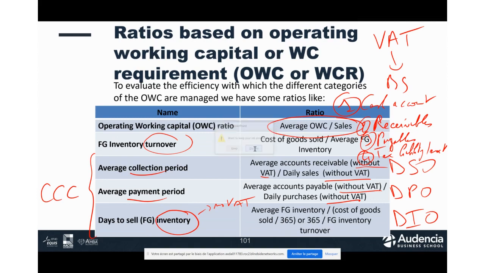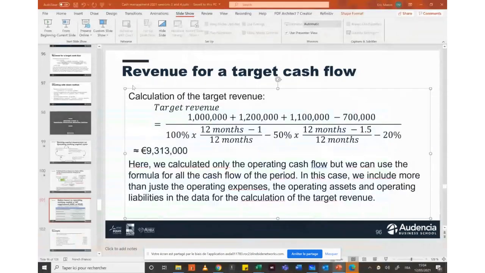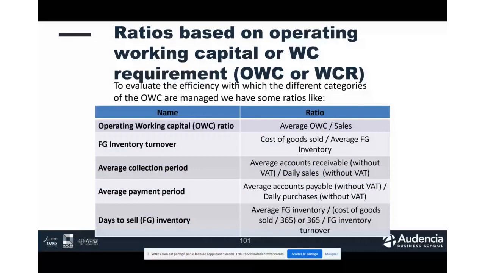So it's a way to calculate by eliminating the effect of the VAT. Generally, for the financial analysis, we don't eliminate the effect of the VAT. So in reality, the days of sales outstanding is with the effect of the VAT inside.